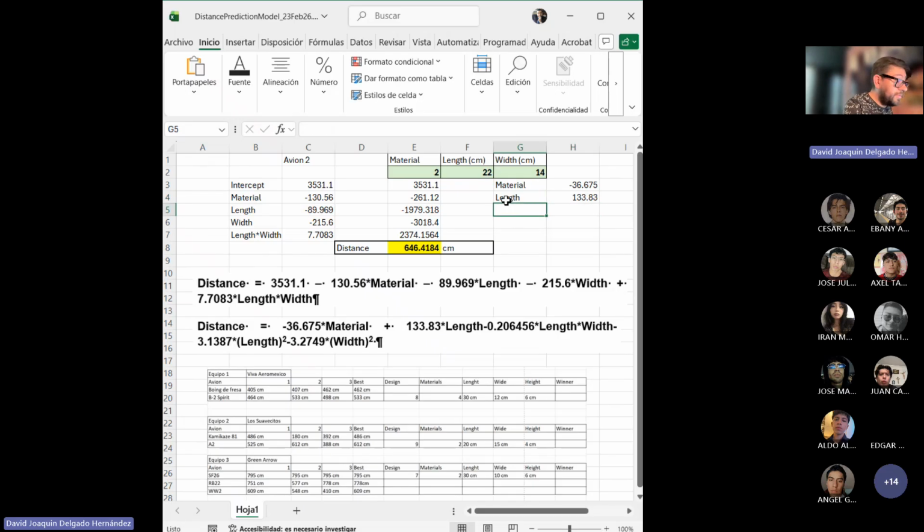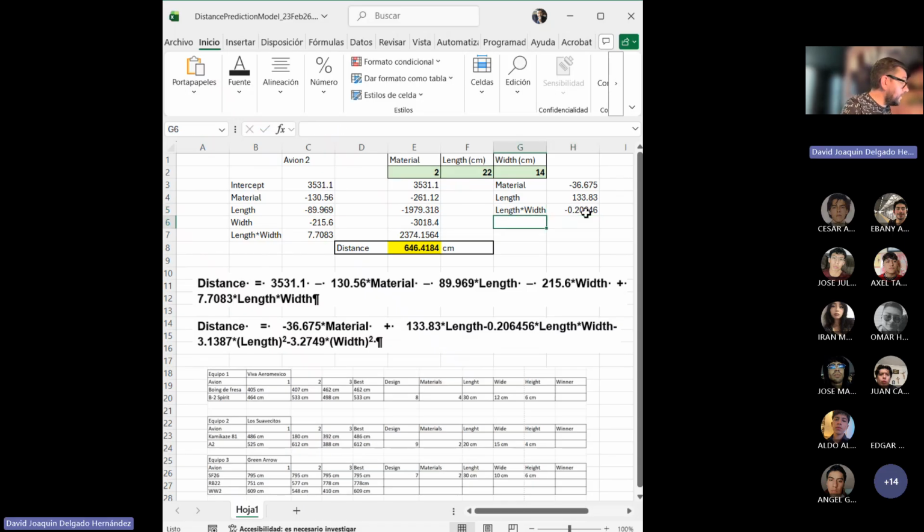Then it will be length width. I will copy this. Length width, and the coefficient is minus 0.2646. Perfect.